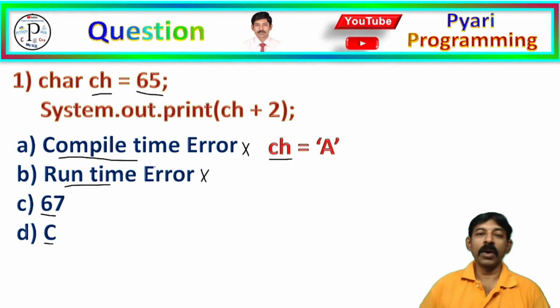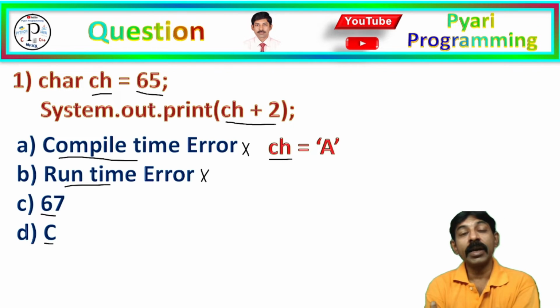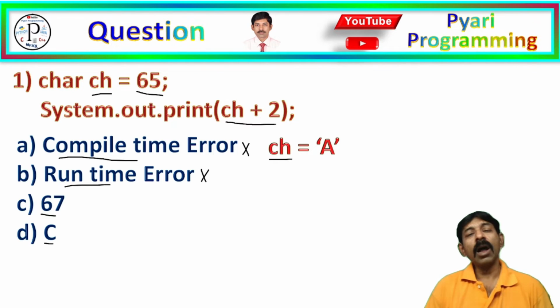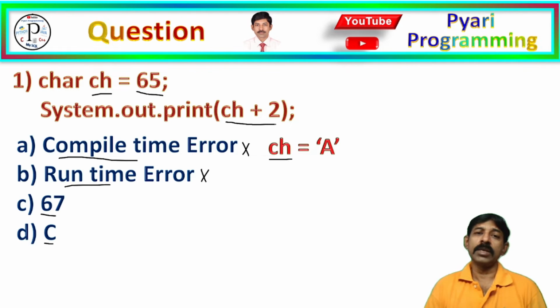But hold on for a moment. While displaying, it is adding ch plus 2. Now the question arises: can we add an integer to a character? If not, then obviously again it is going to generate an error, a compile time or runtime error. Yes, we can add it. Now if you add, then how will a character be added with an integer?